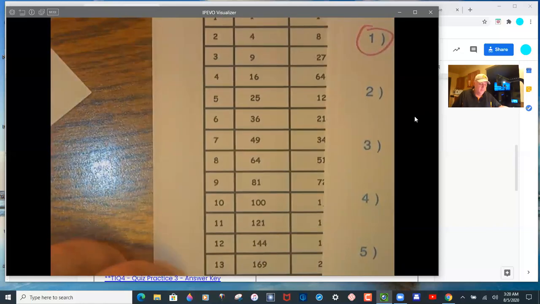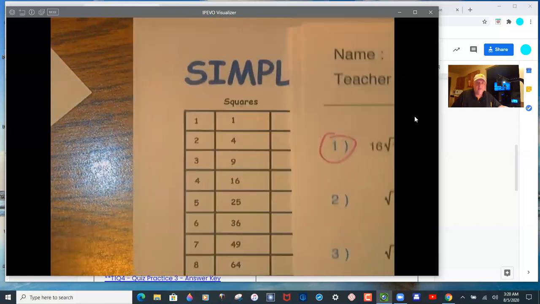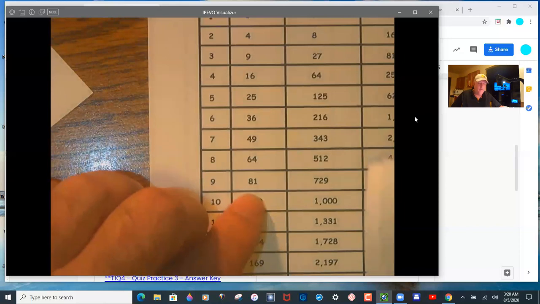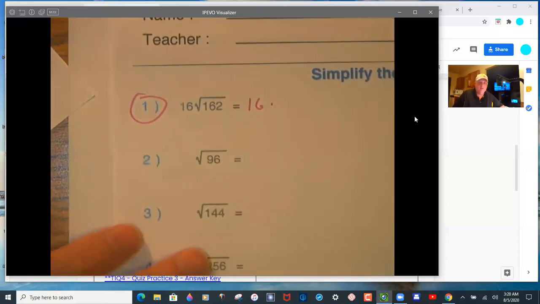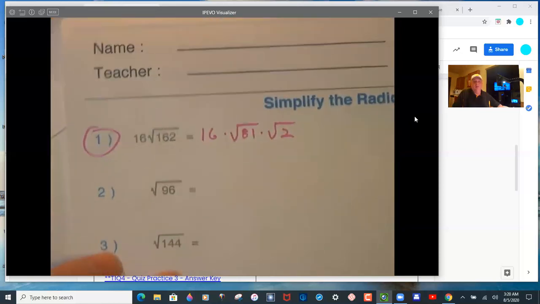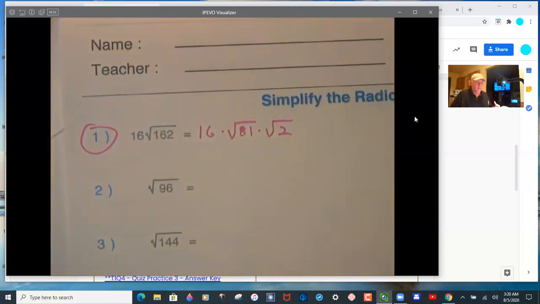You're looking down this list of values on the simplifying radicals page of notes, and it could even be off the list. So 81 is going to be the largest one that will go into 162, and it's real important that you pick the largest value, and then from there you're just going to simply do the math.